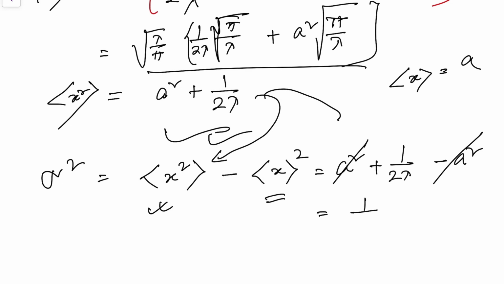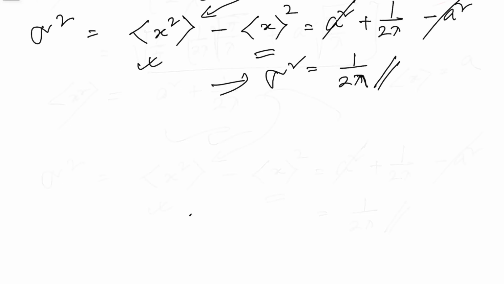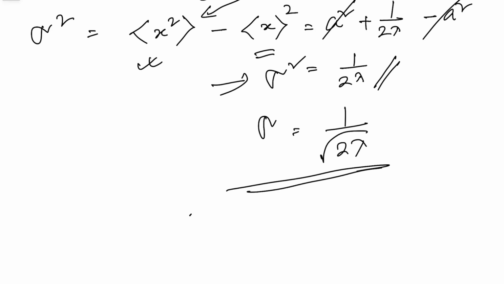So a square is gone on subtracting, and here it will be 1 by 2 lambda. Actually we are to find sigma, not sigma square. So sigma will be 1 by root over 2 lambda. So this is sigma.